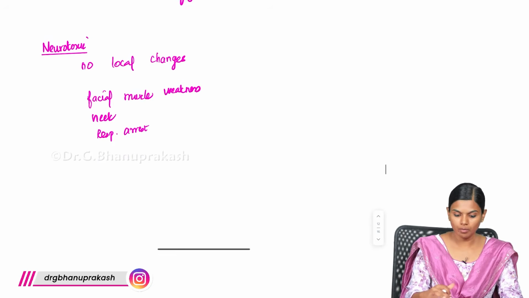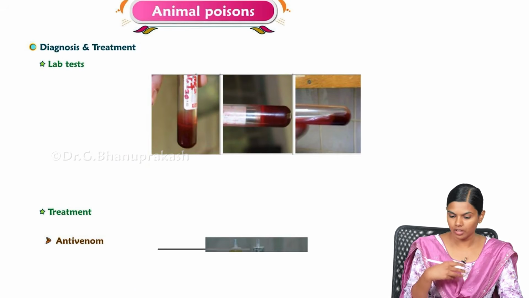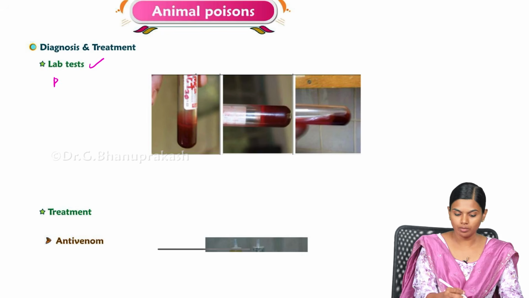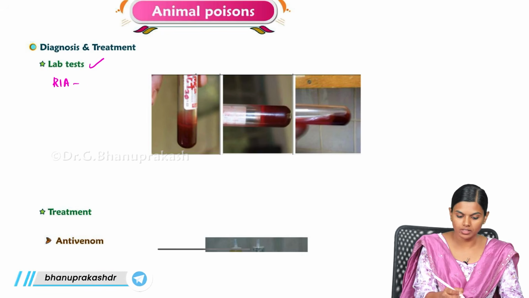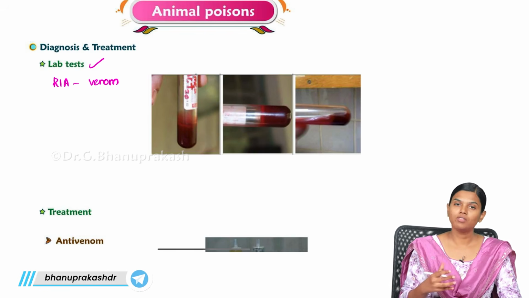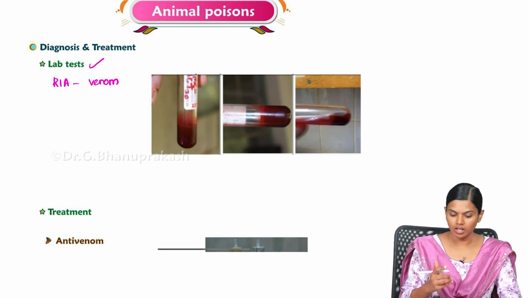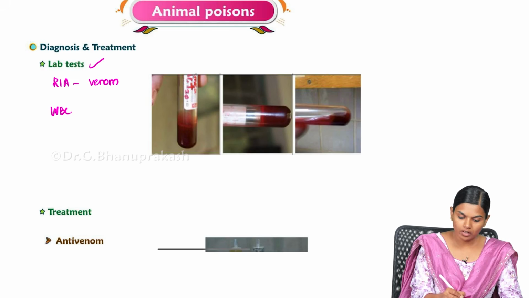So whenever they come to you, from the history you can diagnose. If not, you can do certain lab tests. You can order a radioimmunoassay of the venom. By using this, you can identify the snake bite. Or if they have significant local manifestation, you can suspect vasculotoxic, and you will do the whole blood clotting test.